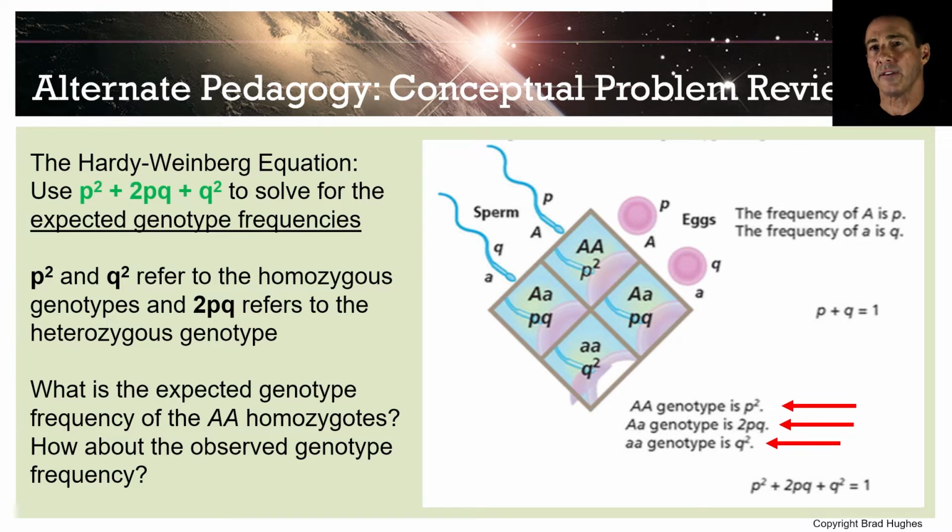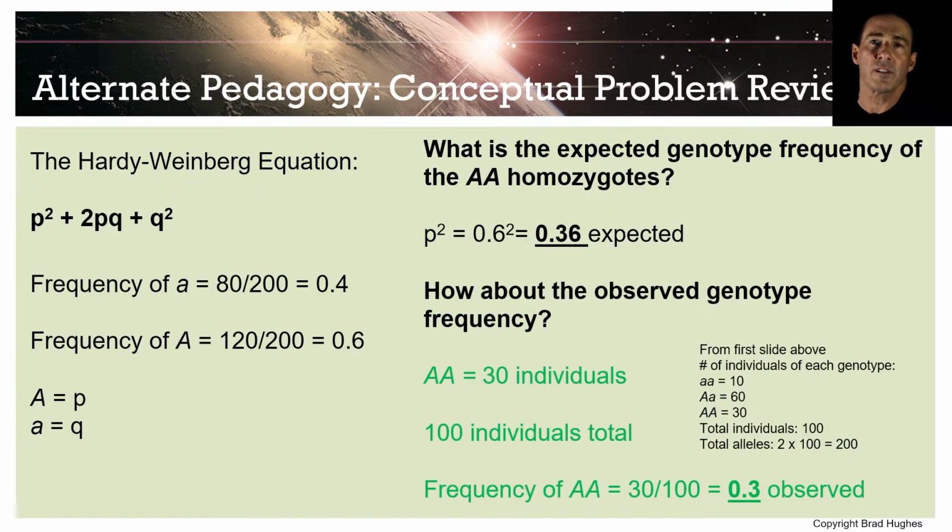These expected values can then be compared to the observed genotype frequencies to determine if the population is in Hardy-Weinberg equilibrium. The observed frequency of the big A big A is the number of big A big A individuals, 30, divided by the total number of individuals in the population, 100, which equals 0.3.